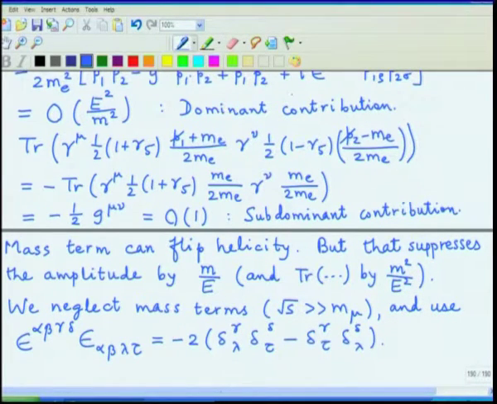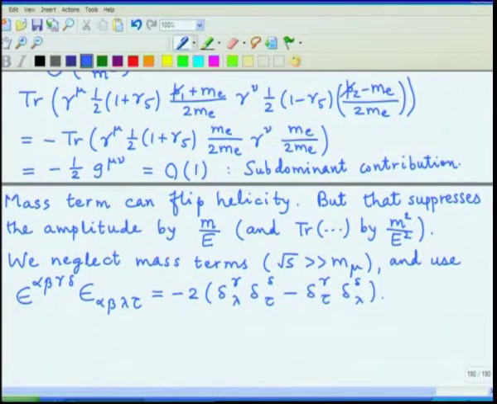The part of the trace which does not involve the epsilon actually has the same structure as what we dealt with before. It is symmetric under interchange of P1 and P2, and it has either the indices on P1 and P2 or a g mu nu term. So, we can just take the previous result and write it down in this particular context.